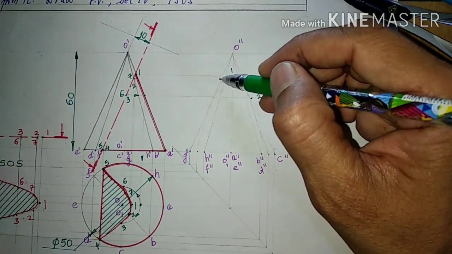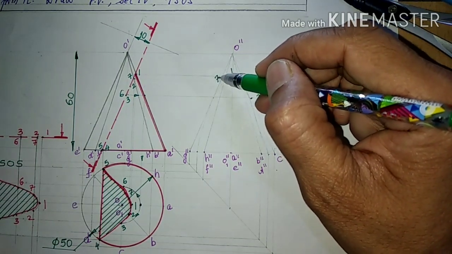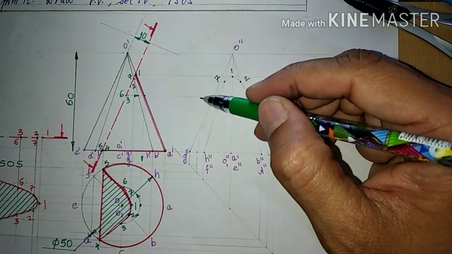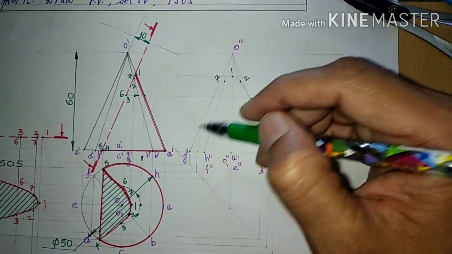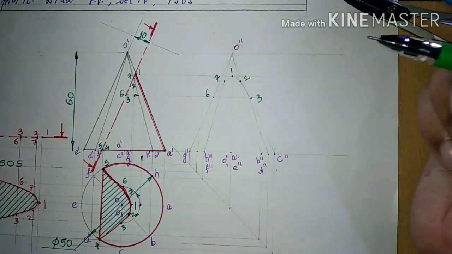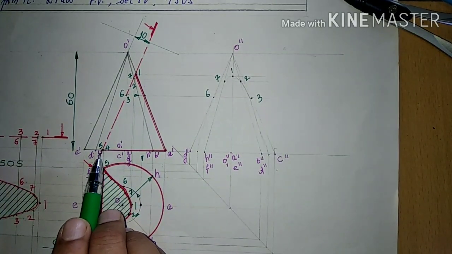Similarly, 7 is on OH, so 7 on OH. 6 on OG, so 6 on OG. 4 and 5 are the base points.